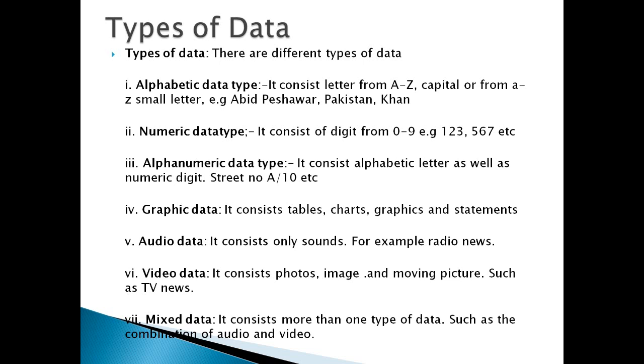The fourth one is called the graphical data. It can consist of tables, charts, graphics, and statements. Now, how can these be used to represent some sort of data? We all have seen a cricket match.